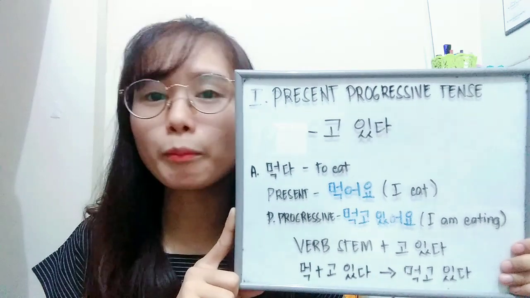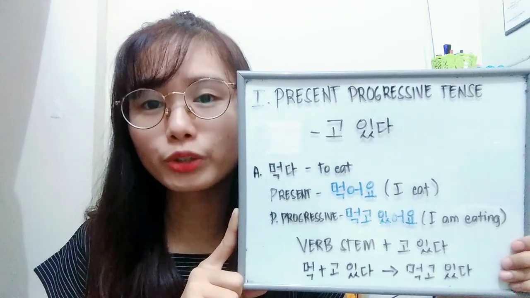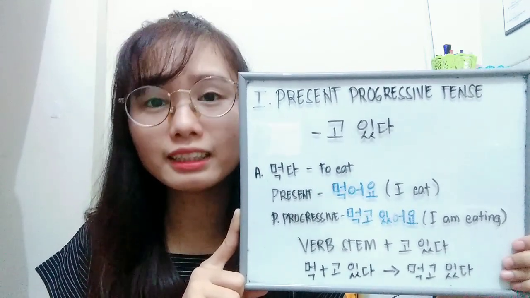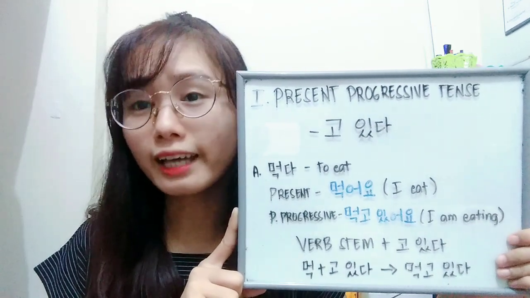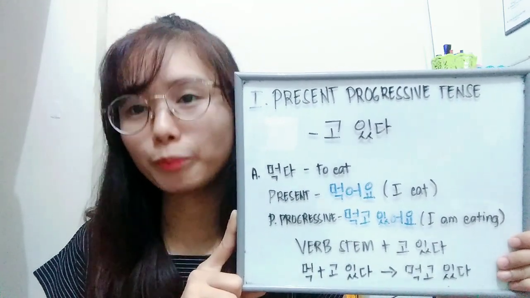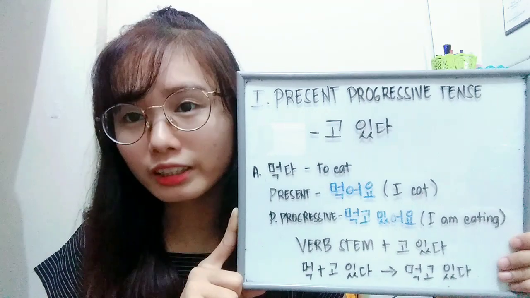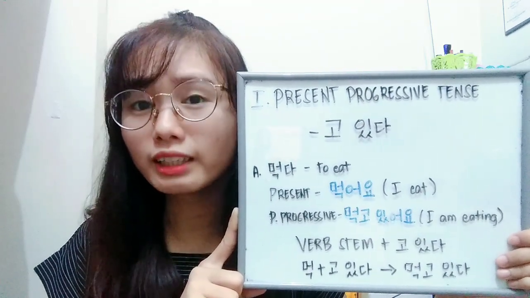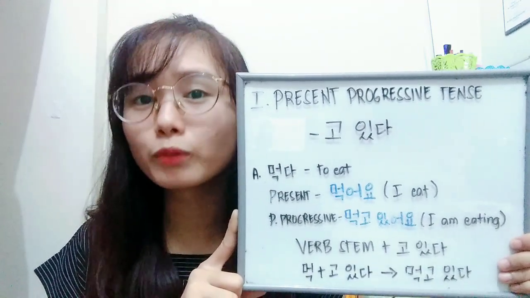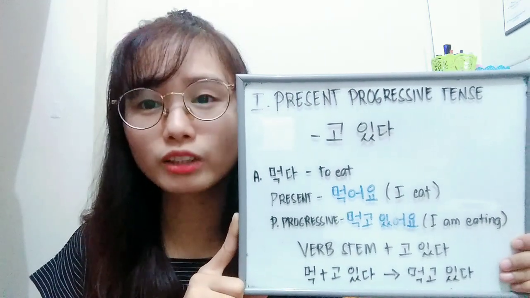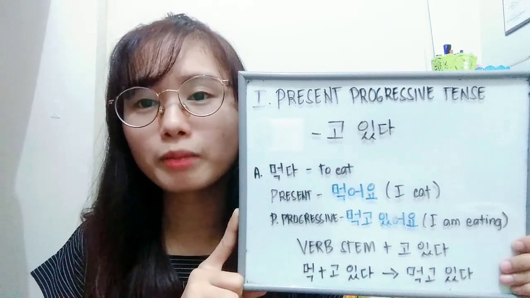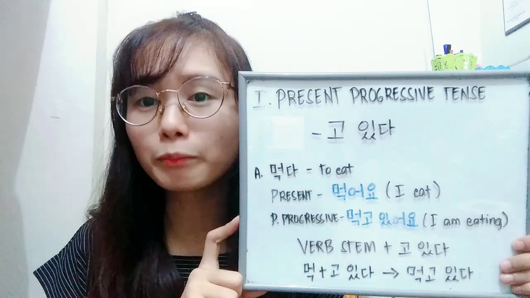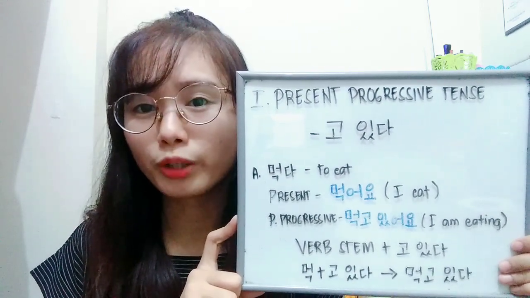Okay. So, when you say mokko isoyo, you say or you mean I am eating. Ngayon, nandun ka na sa ing form ng isang verb. Now, it is clear that you are doing the action right at that moment and continuously mo din na ginagawa yung action na yun. So, yun yung pinag-aiba ng simple present tense and then ng present progressive form ng isang verb.